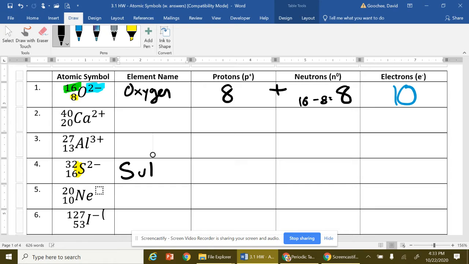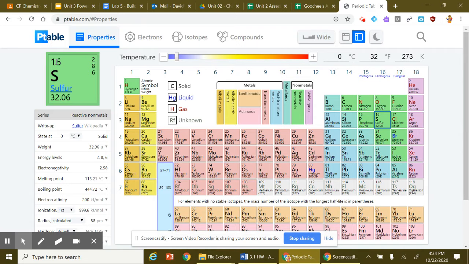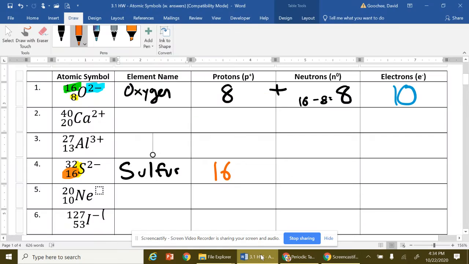How many protons does it have? It says right here in the lower corner that this thing has 16 protons. You can also know that just by knowing that it's sulfur. Sulfur is element 16 on the periodic table, which means that it has 16 protons.